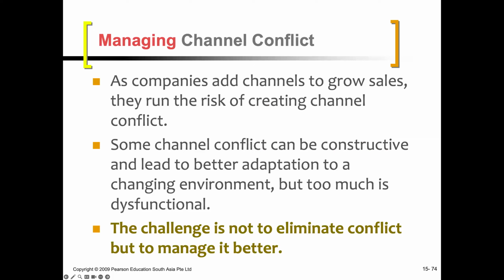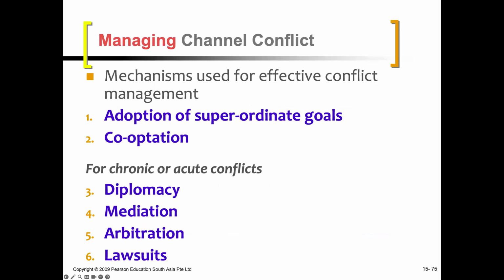The challenge is not to eliminate the conflict, but to manage it better. There are a few mechanisms used for effective conflict management. You can adopt superordinate goals, or you can use co-optation. For chronic or acute conflicts, you can apply diplomacy, mediation, arbitration, or even lawsuits.